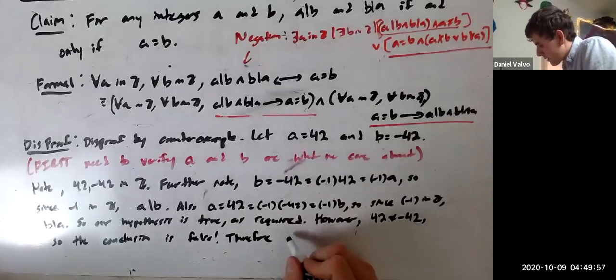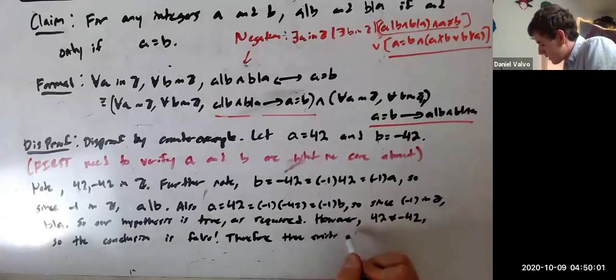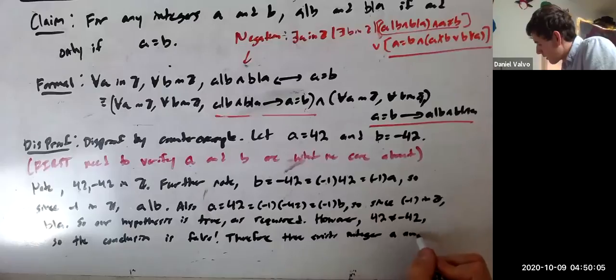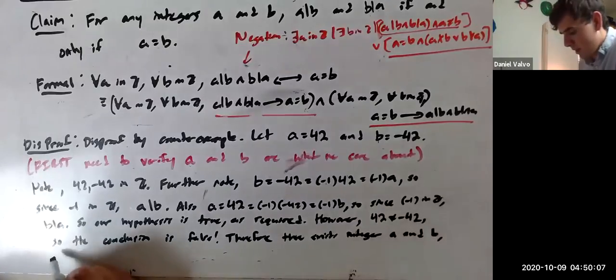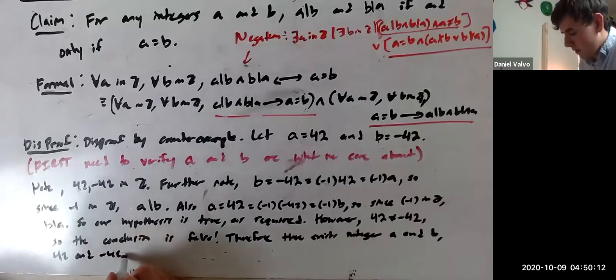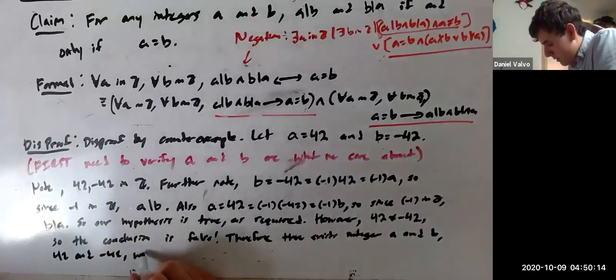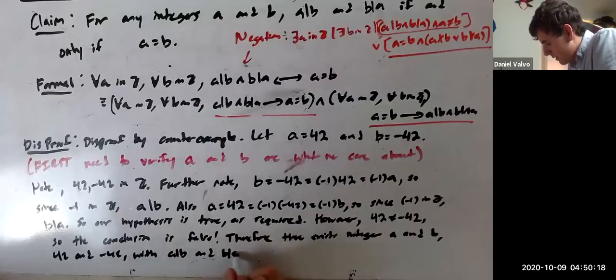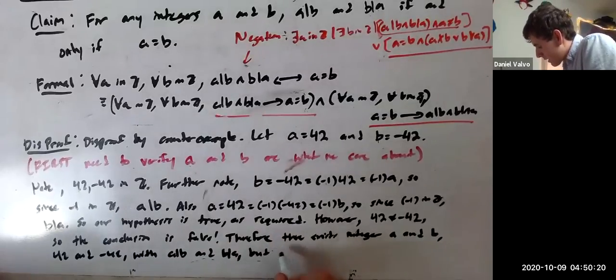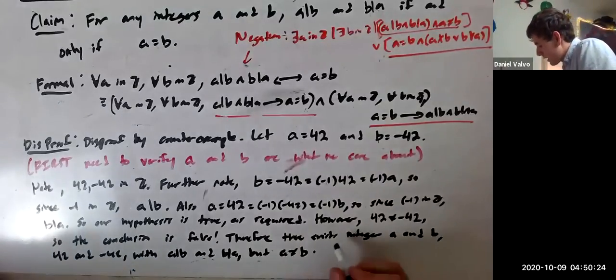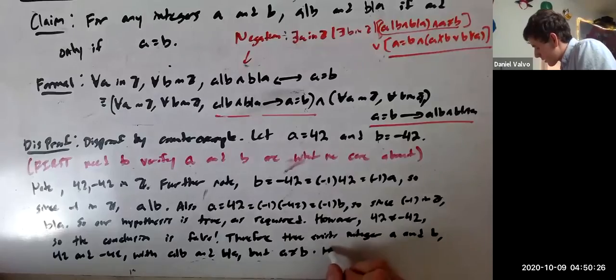Therefore, there exists integers A and B, namely 42 and negative 42, with A divides B and B divides A, but A does not equal B, hence our claim is false.